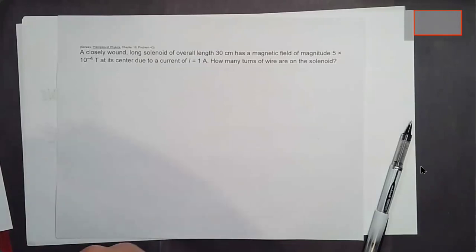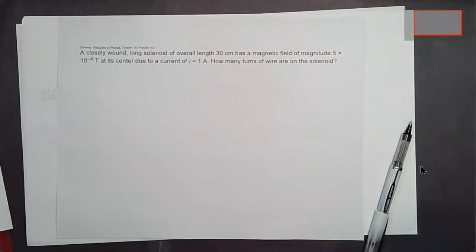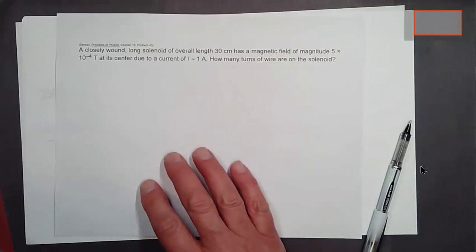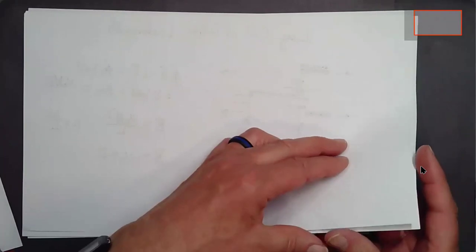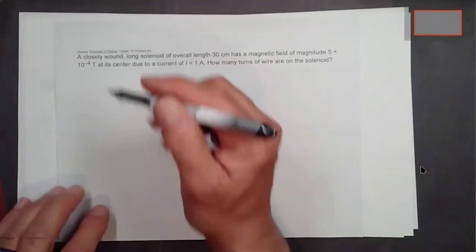Do I have to redo it? Where did I draw that? Back of this, back of that. Here it is. There we go. Mu naught times n times I. Okay, that's not so bad.